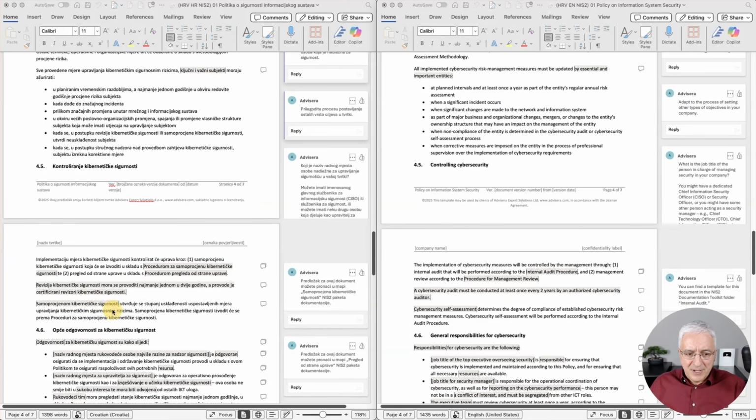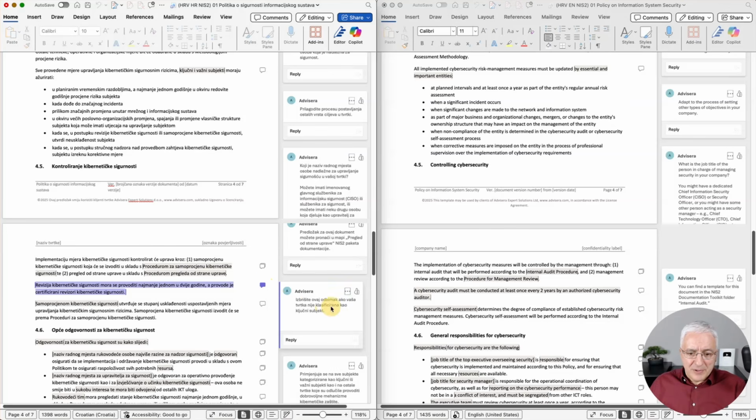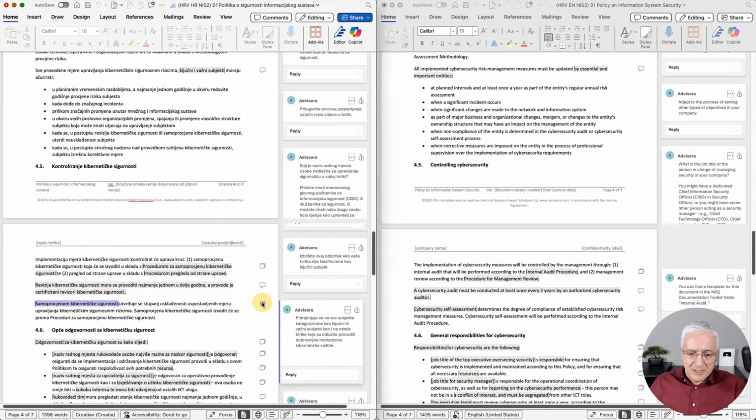And then there is also this cybersecurity self-assessment. And if you remember from this cybersecurity law, this is something that is specifically specified there. And here you can actually see some comment that this is mandatory only for essential entities according to this cybersecurity law, and also to which type of companies this is basically applicable.